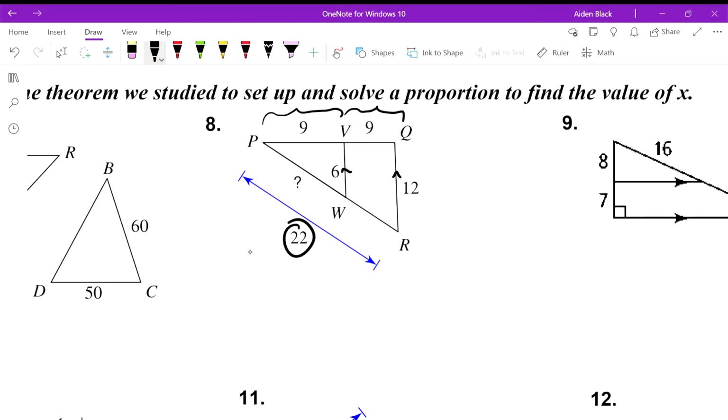So this length right here, let's call it x. X is equal to 22 divided by 2. Just like up here, we can say 18 divided by 2 would give us the length of PV or VQ. Hope that makes sense.